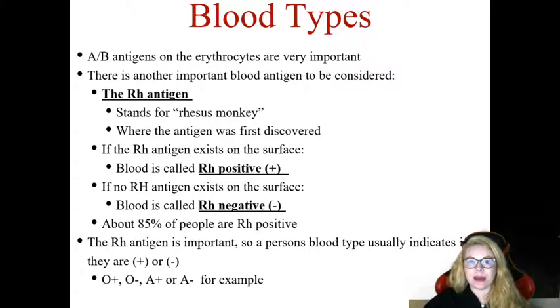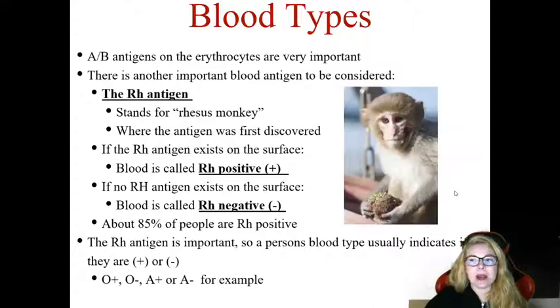We're talking about the Rh antigen, which stands for the rhesus monkey, this little guy right here. He's cute. And so this was where this antigen was first discovered, in the rhesus monkey, and so we call it the Rh antigen. And if you have the Rh antigen on the surface of your blood, we would say that your blood is Rh positive. That's where you get that positive after your blood type. And if you have no Rh antigen on the surface, we would say you are Rh negative, or you have that negative.